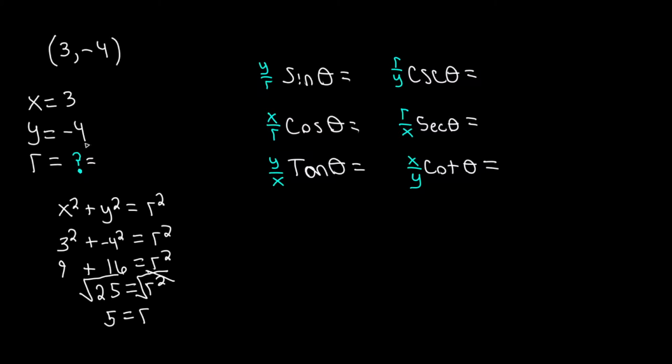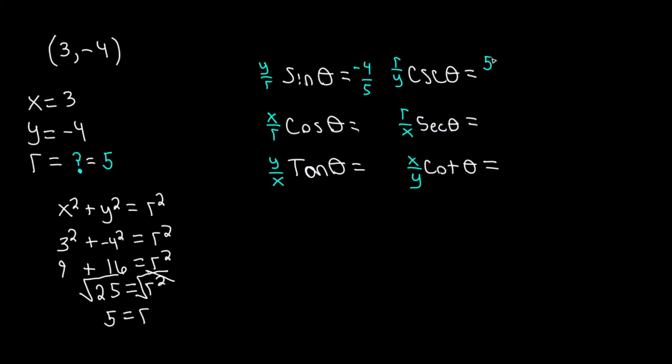So I'll just plug that in up here. So sine of theta, we're just going to fill it in. We have y over r. So we just take our information. Negative 4 over 5. Cosecant is the opposite. We're just going to flip it.